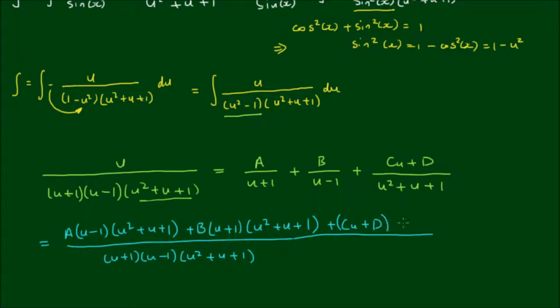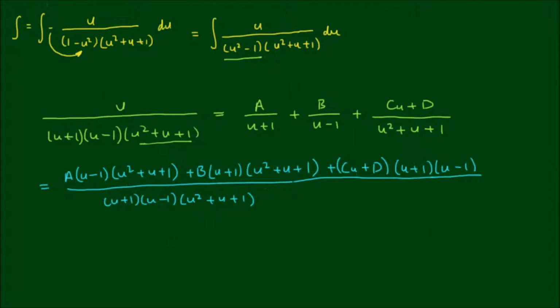The cu plus d does not have u plus 1 or u minus 1, so we have u plus 1 and u minus 1. Alright, so the next step is to tediously expand and simplify this expression.